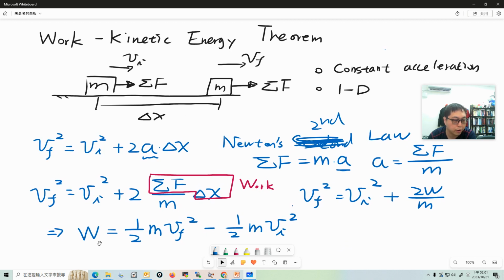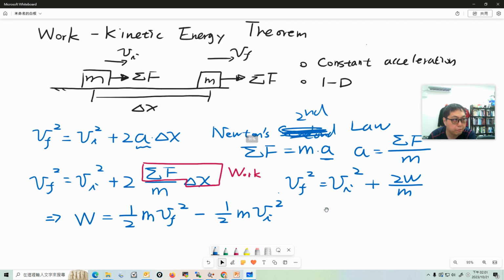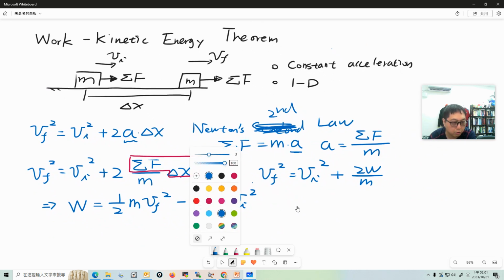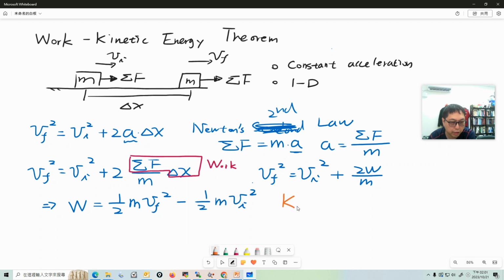The work can be related to your velocity, and from this theorem we define a term called kinetic energy. In this course we use K to express the kinetic energy, which is equal to 1 over 2 m v squared.